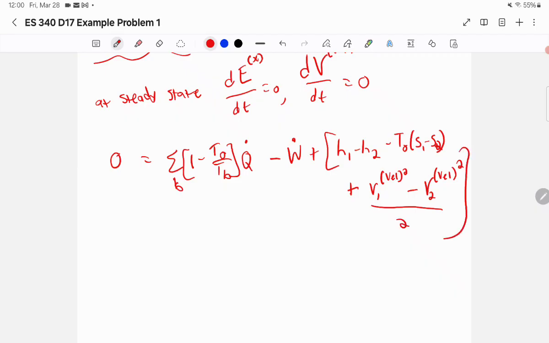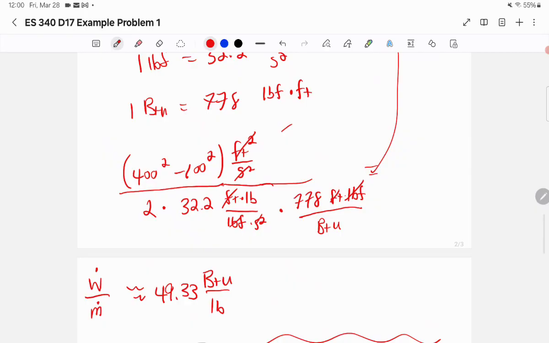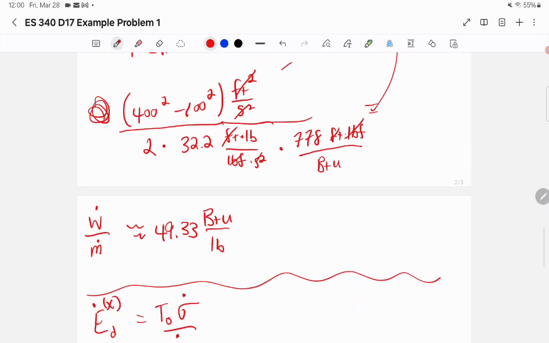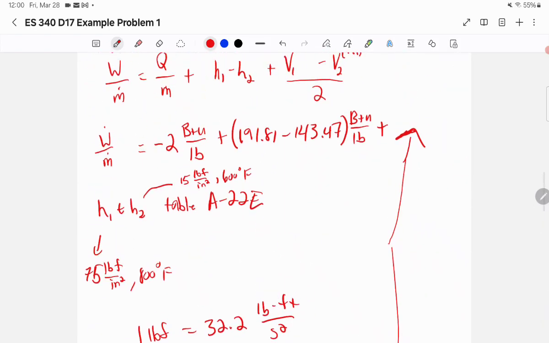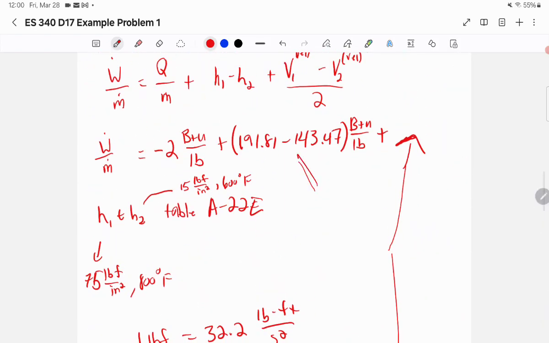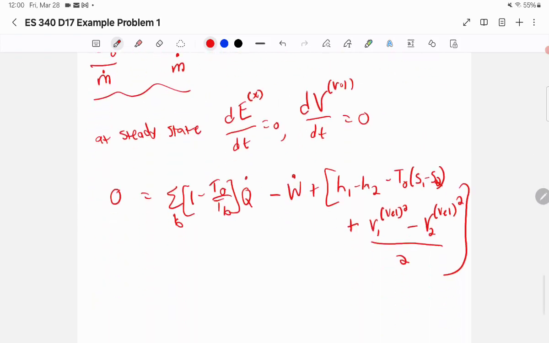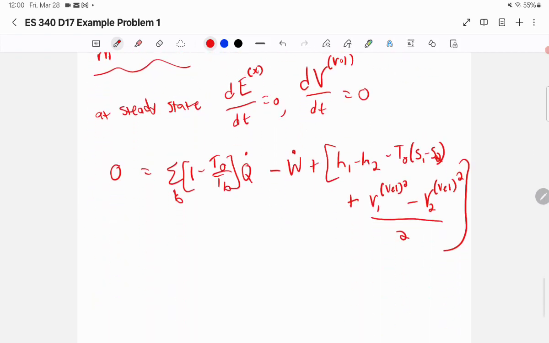Okay, so some of these terms we've already actually computed. If you hold out this term, for instance, we've already determined that. We also already determined the H1 minus H2, which was up here. So we can obviously use those terms directly.